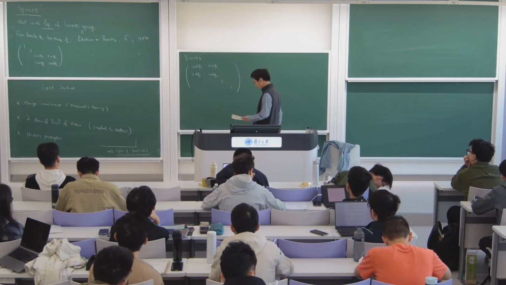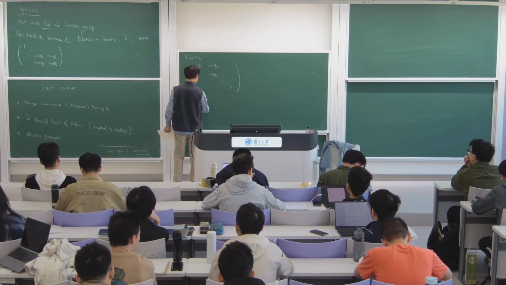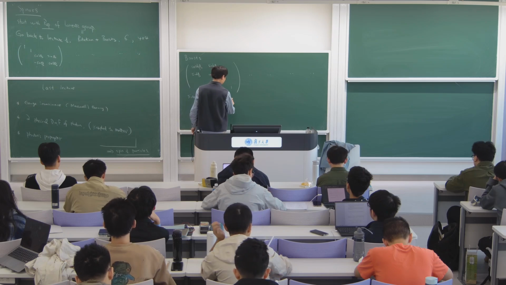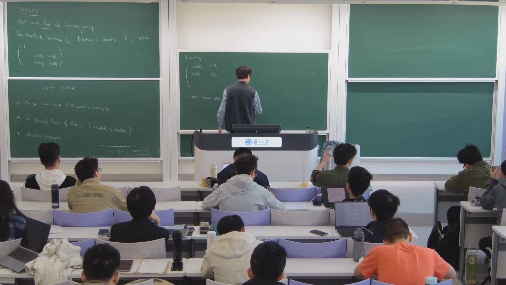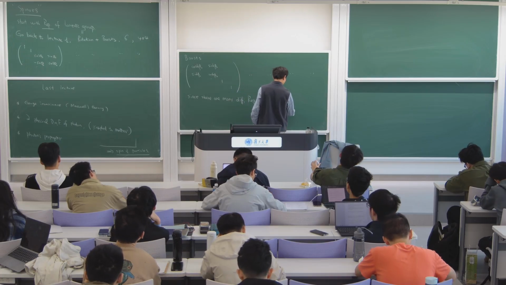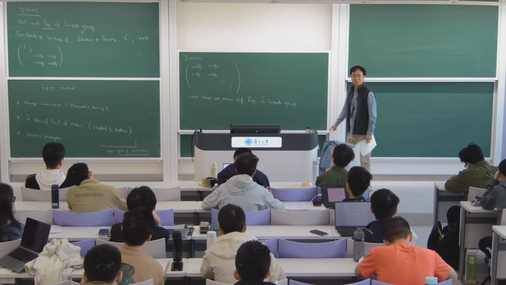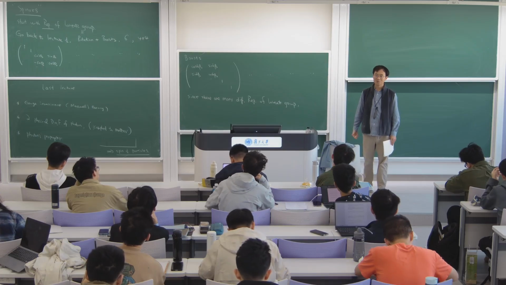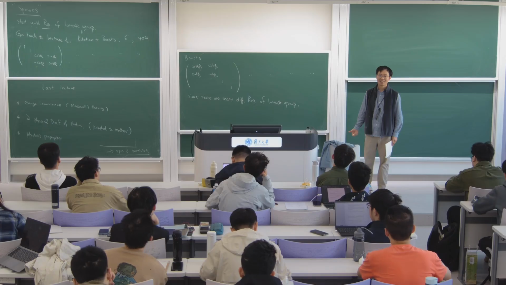Then the immediate question is, since there are many different representations of the Lorentz group, the question becomes how to characterize the Lorentz group in some way which does not depend on the representation, right?